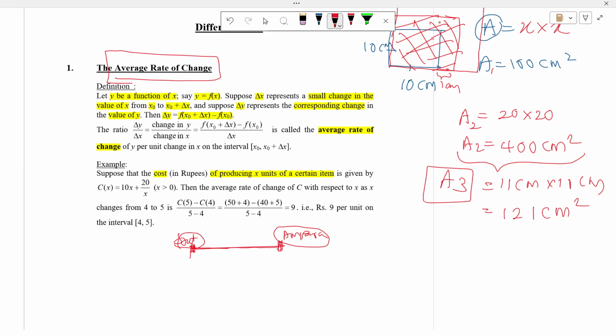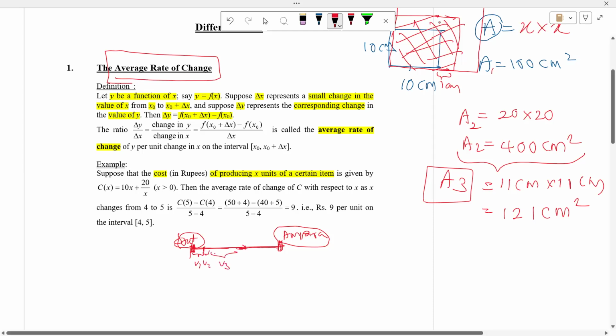So to find out the velocity, your velocity will change at different points, right? Maybe in a certain part you have a particular velocity v1. From here to here, you have another velocity v2, until here v3. Likewise, your velocity will change for different frames, right?